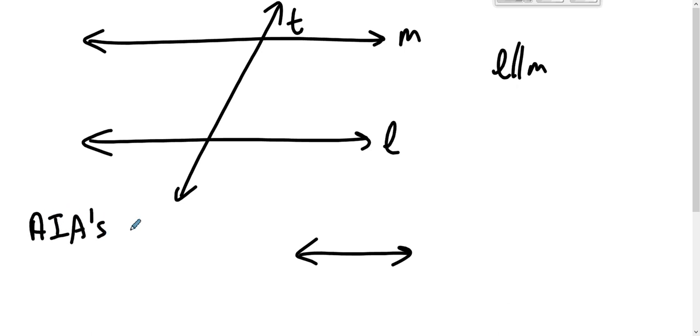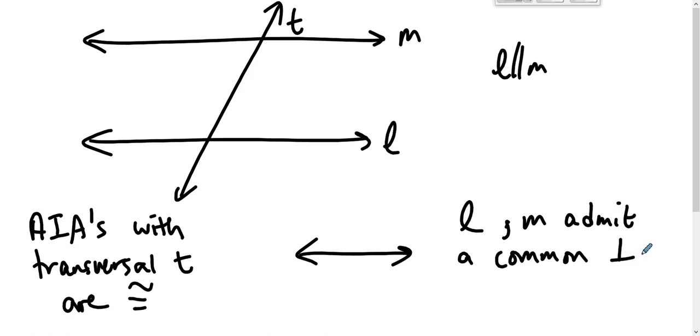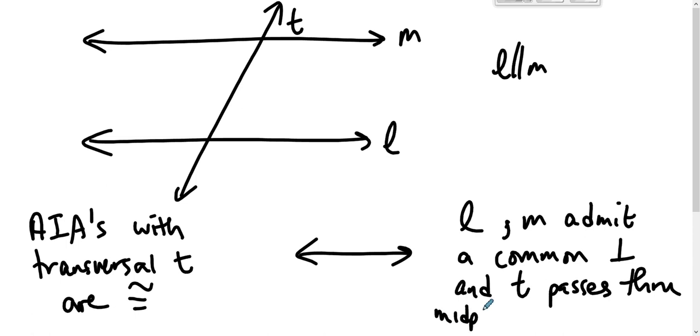The alternate interior angles with transversal T are congruent if and only if L and M admit a common perpendicular, and T passes through the midpoint of the common perpendicular segment.